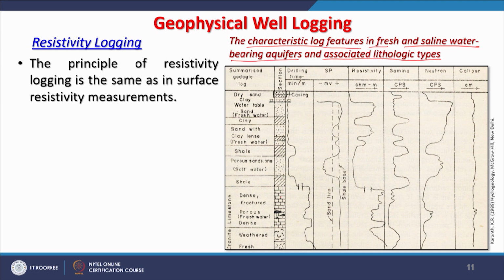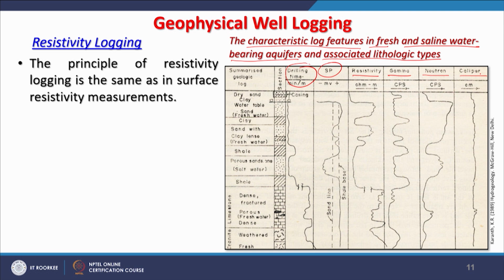So here a litholog is there, and the description of each unit of the litholog is also shown. Then drill time is shown, then spontaneous potential (SP) data, then resistivity, then gamma log, then neutron log, and the caliper log showing the diameter of the well.